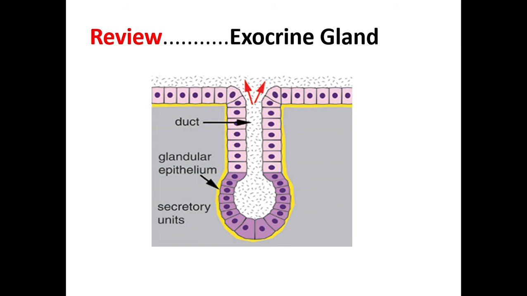Then in the striated duct, it could be cuboidal cells or columnar cells going to the outer part. So the duct is part of the surface cells, giving the passageway of the substances produced by the secretory cells of the exocrine gland.